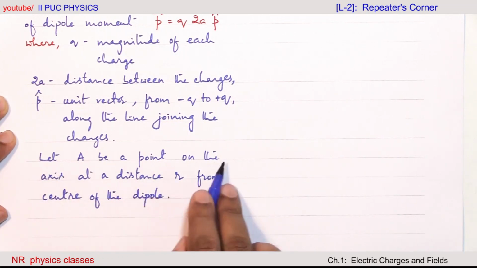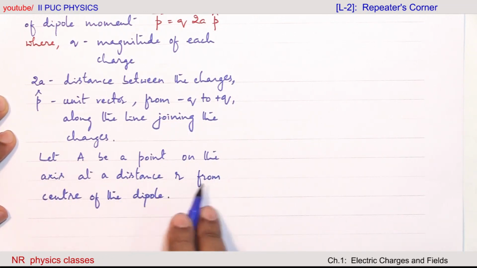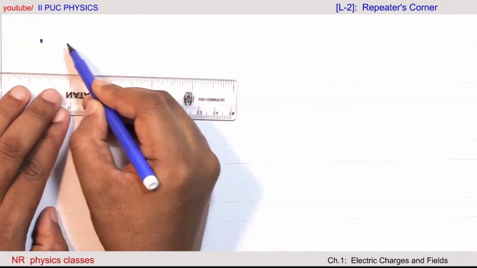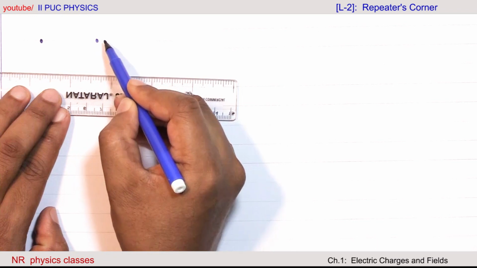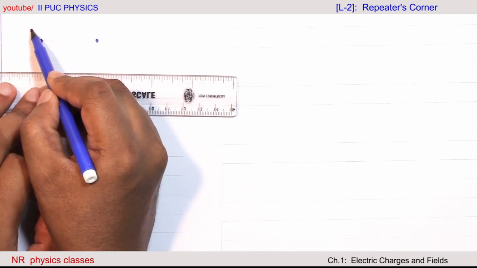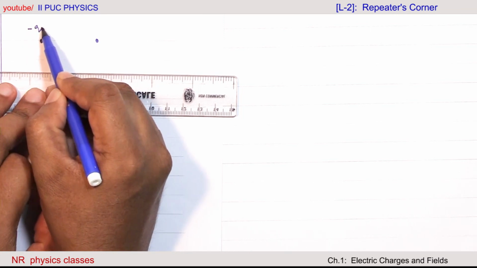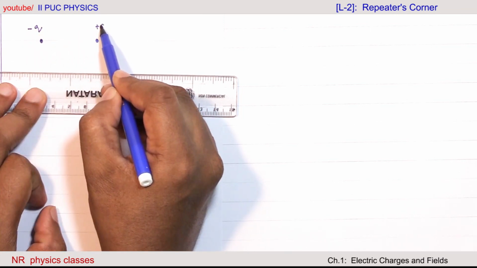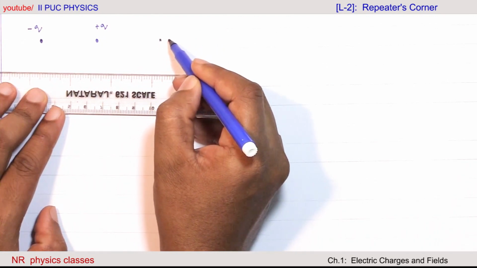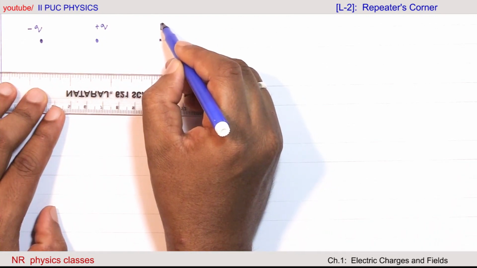Let P be a point on the axis at a distance r from the center of the dipole. Let this be an electric dipole, minus Q, plus Q, and this is point P on the axis.